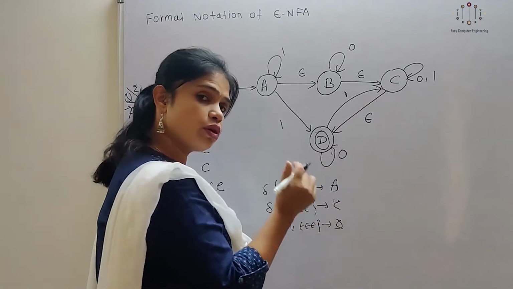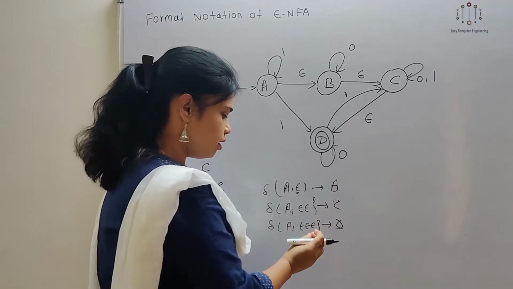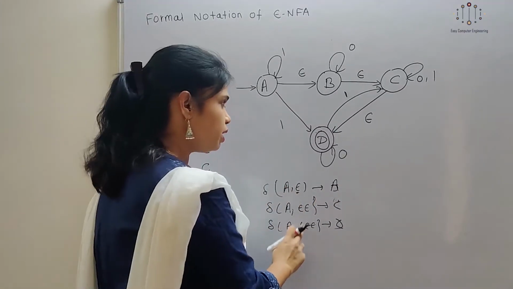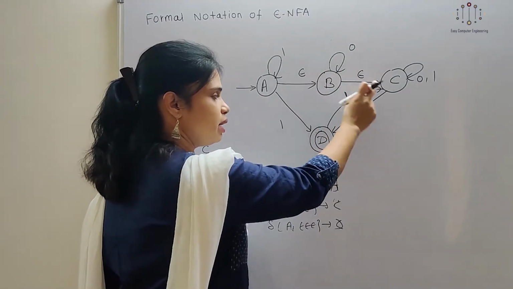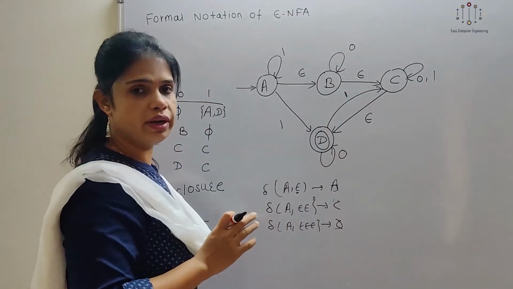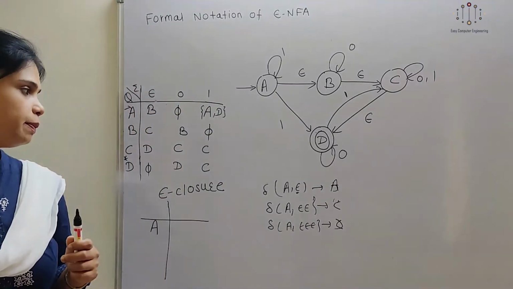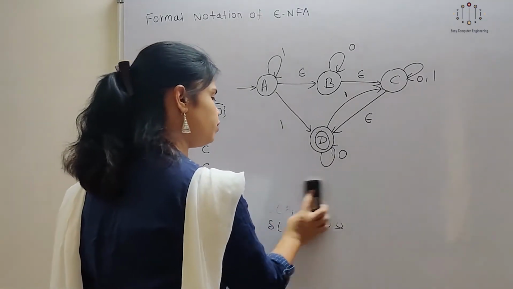This epsilon means only one epsilon. But here we are going to take 3 epsilons and reach D. Same way we are going to find the epsilon closure for every state.